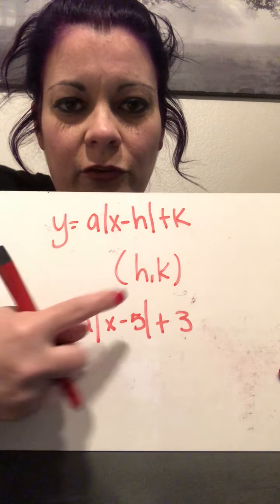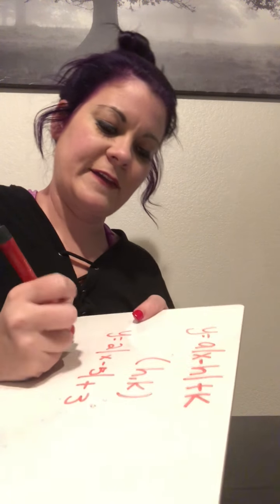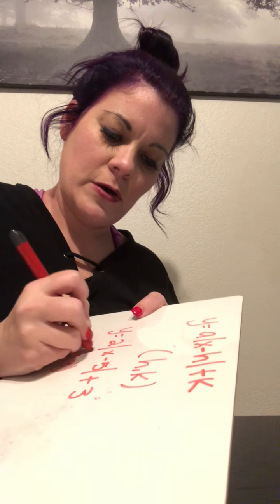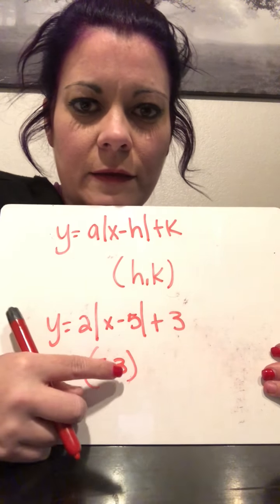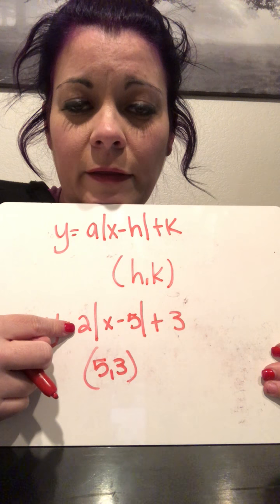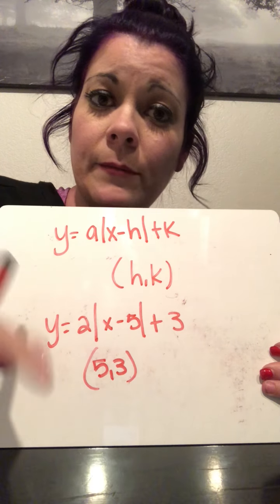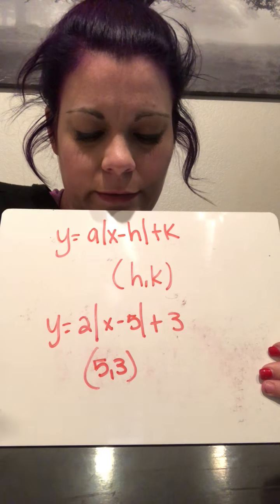You can tell your vertex would be (5, 3), because it's (h, k). So you would start your vertex at (5, 3), and then you would multiply the slope by 2 and go up 2 over 1 both ways.